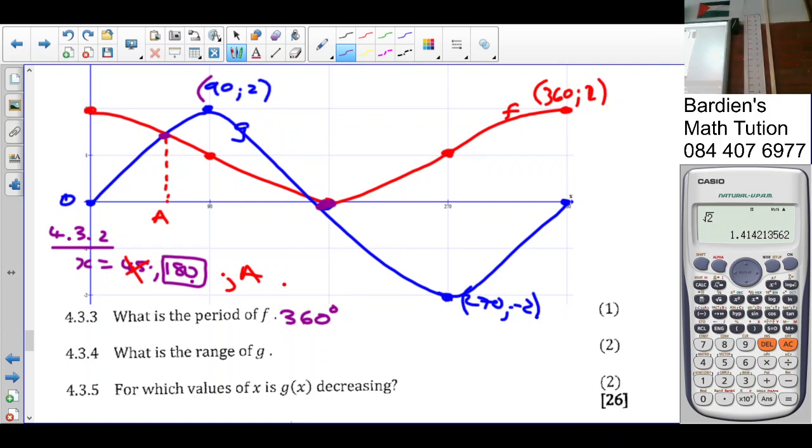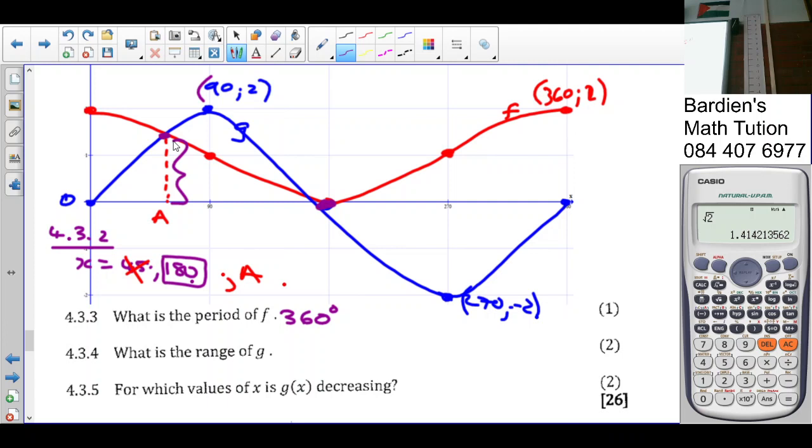Is it just x equal to 180 or is there another one? As I said, if you had listened to me, I said earlier on that this point A should also have been a solution. But at this level you can't calculate it. If you set the two graphs equal to each other and work out the point of intersection, you actually need Grade 11 knowledge of the general solution to answer this question. So this is actually out of your syllabus.